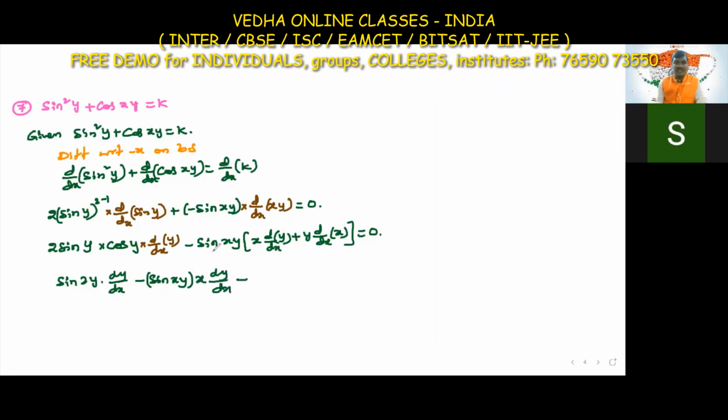I am multiplying inside, minus into plus gives minus. Here sine xy into y as it is, and d by dx of x is 1, and equal to 0.